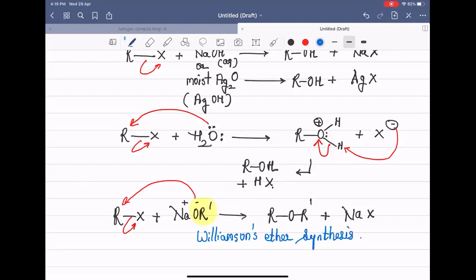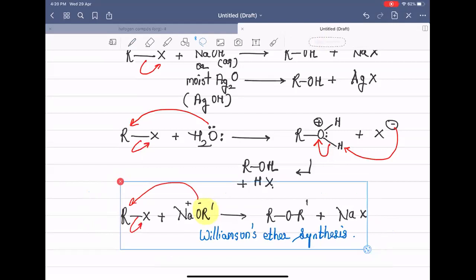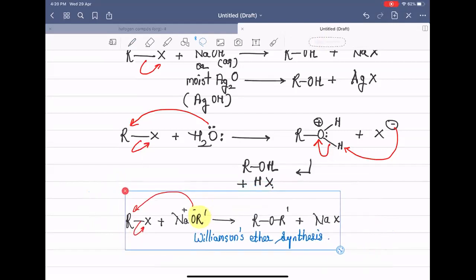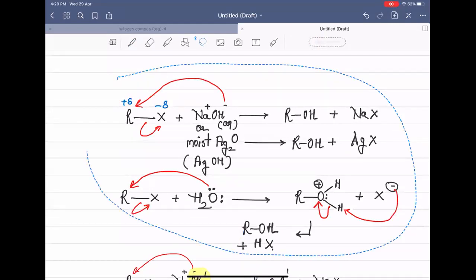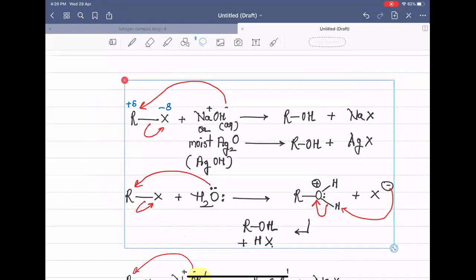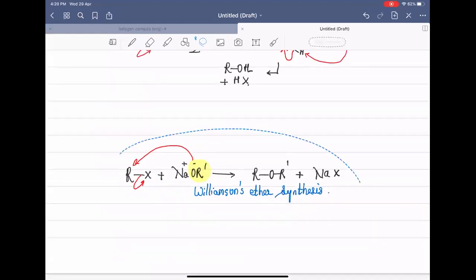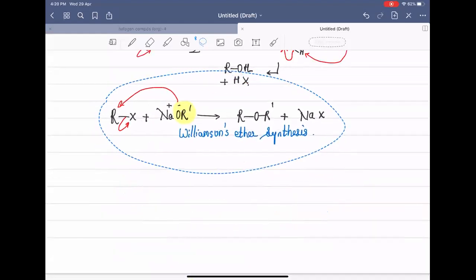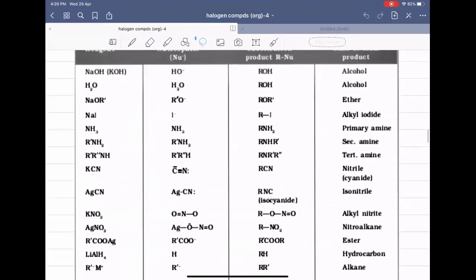Williamson's ether synthesis. Okay. So these are the few reactions. I have given the full table, which is given in your NCERT textbook, and we would go back to that page and discuss a few things.